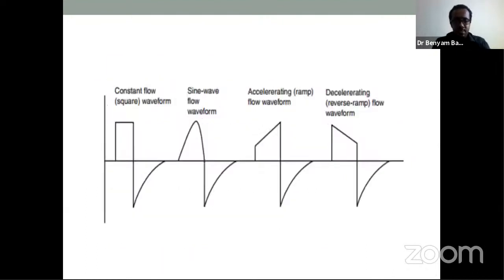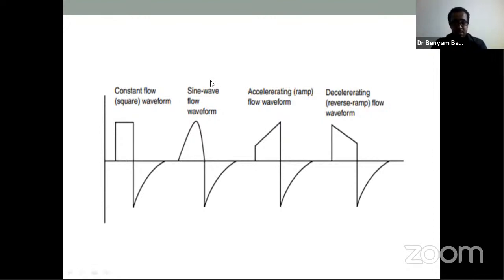These are the waveforms that we'll be able to see on the flow time scalar. As you can see, there is a constant flow square form that we usually see on volume targeted breaths, and the decelerating reverse ramp flow waveform that we'll be able to see on pressure targeted ventilation.